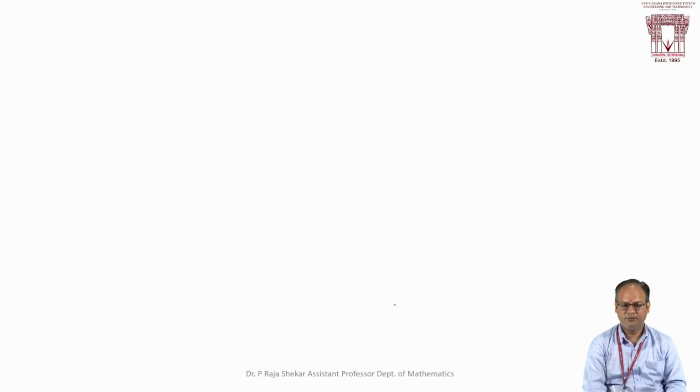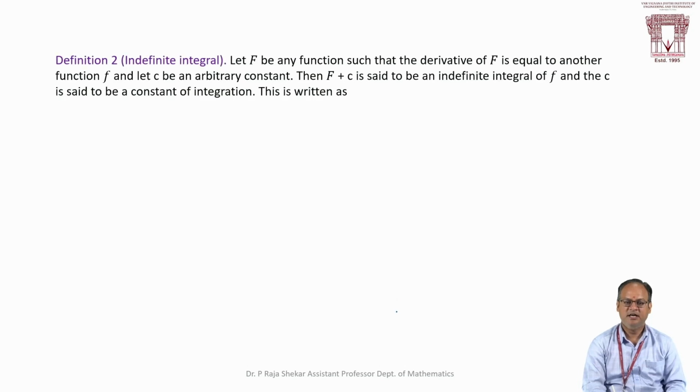We have two types of integrals. One is the indefinite integral, where the integration is free from limits. We won't have a lower limit and upper limit, and for that reason we put an arbitrary constant in it. How can it be defined? Suppose capital F is a function such that its derivative is some other function f, with c being an arbitrary constant.